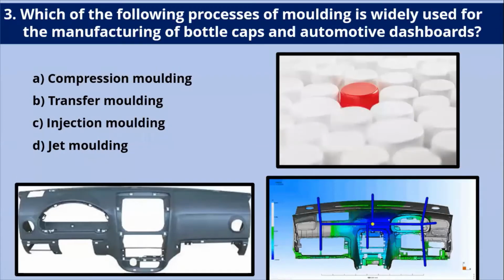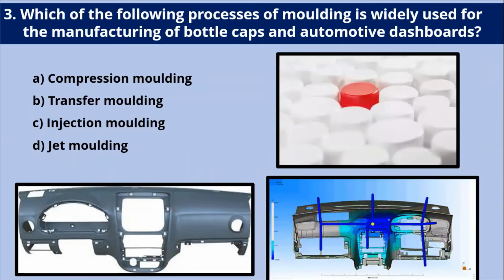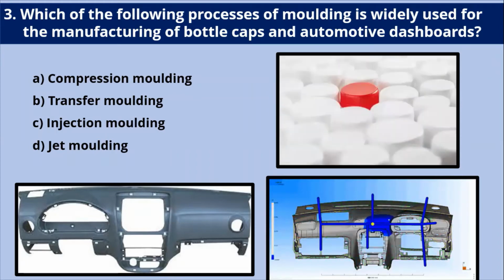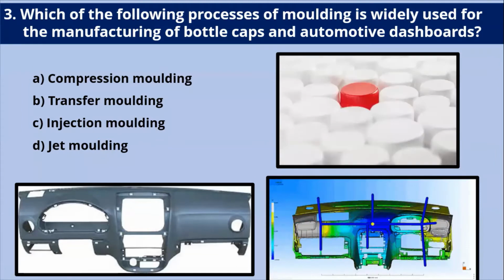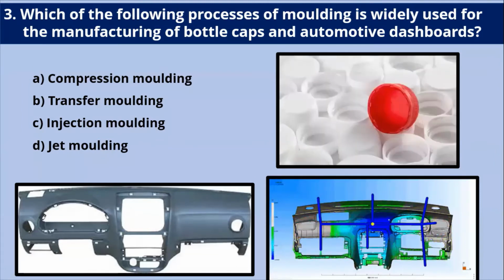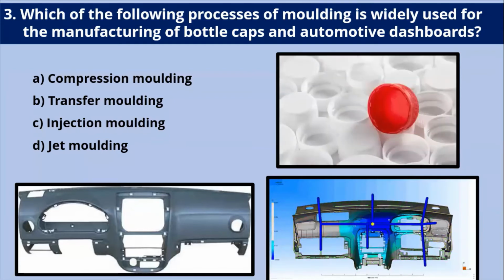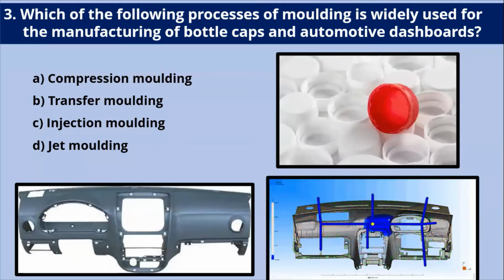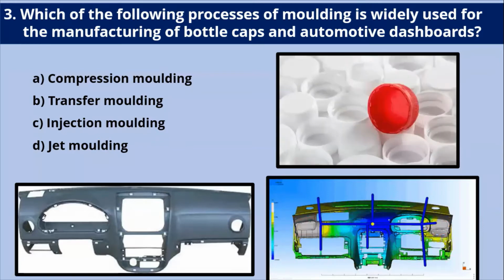Next question, which of the following molding processes is widely used for manufacturing of bottle caps and automotive dashboards? So here, injection molding is a manufacturing process which uses thermoplastic and thermosetting plastic materials to make products like bottle caps and automotive dashboards.